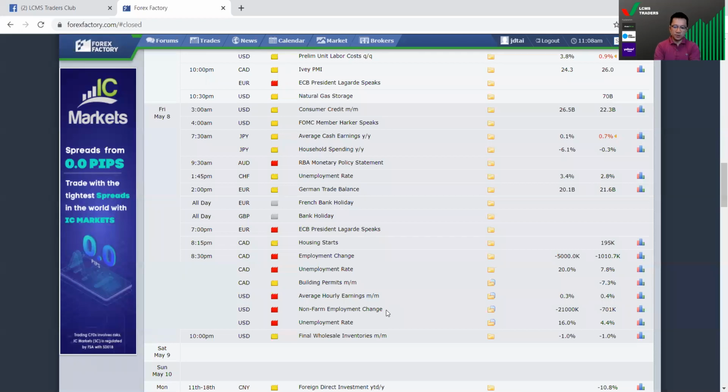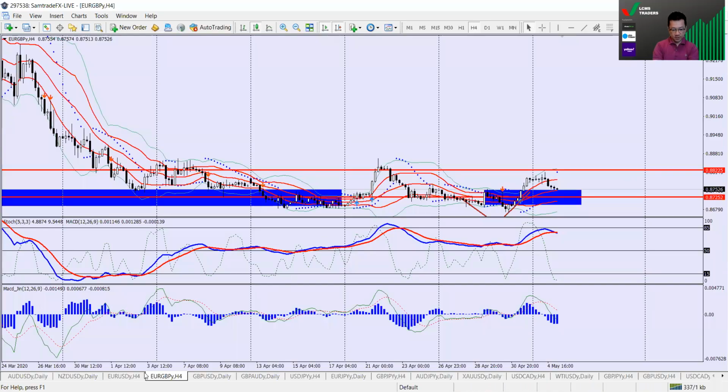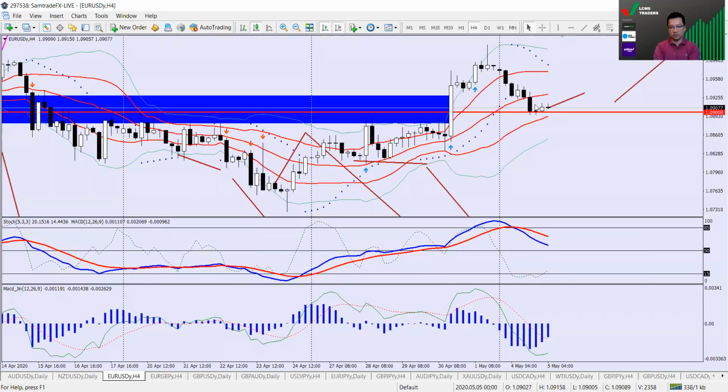It's going to be quite interesting to see how that translates out. So because of all this news, it makes me feel that the Euro US is probably going to sit there for a while more, and then on Friday we're going to see an upward move because of the possible weakness in the US dollar.